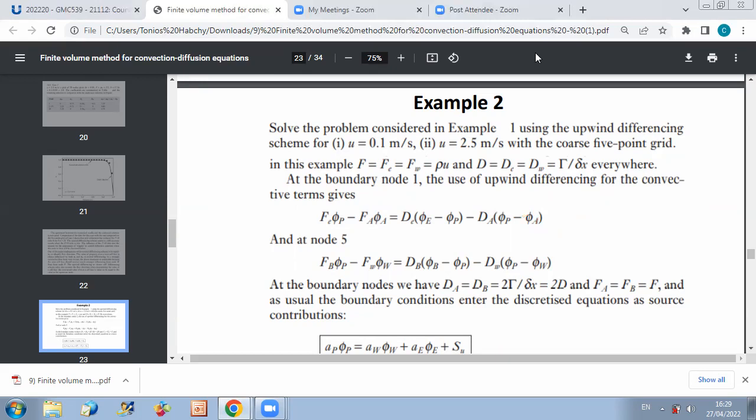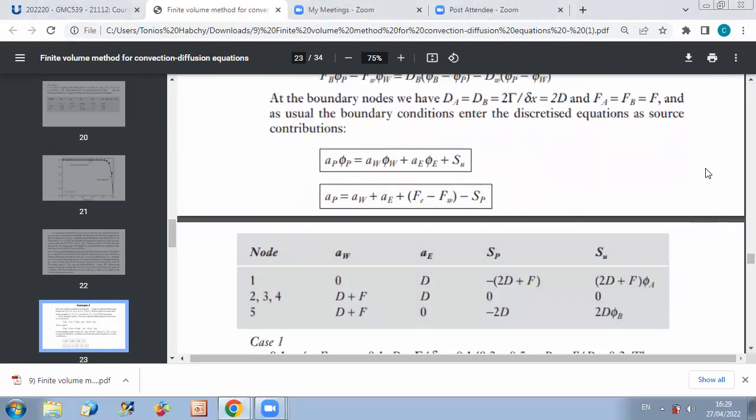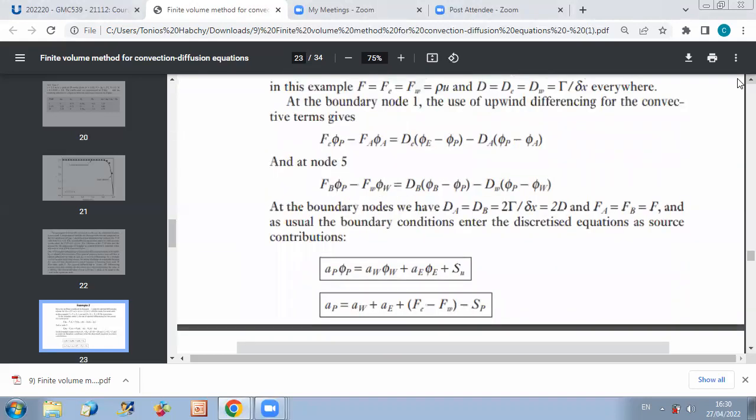I start by writing the equation for each cell. نحن already أنا وياكم كتبنا equation last time. And now when we want to compute phi at east face or west face, then we should, instead of using central scheme, هنستعمل the upwind differencing scheme. يعني whenever we want to replace phi at east face, so this is a face, عندنا الإيست عندنا الويست فيس وعندنا الإيست فيس وعندنا السنتر نود بنسميه phi p.